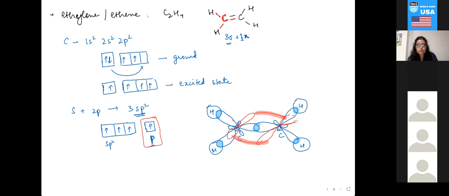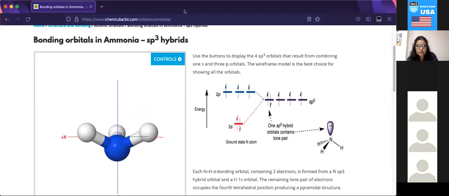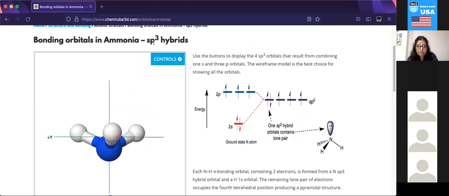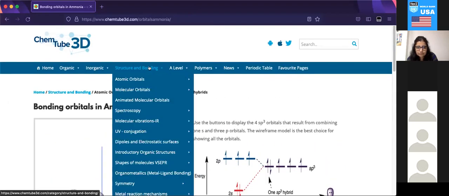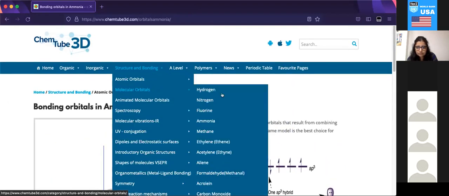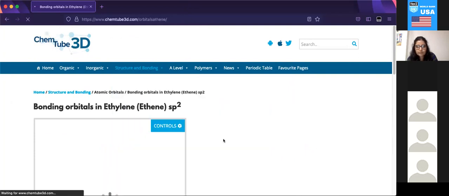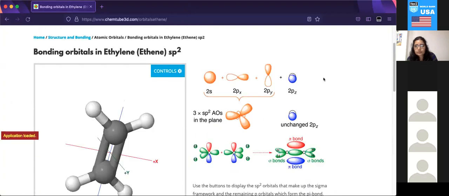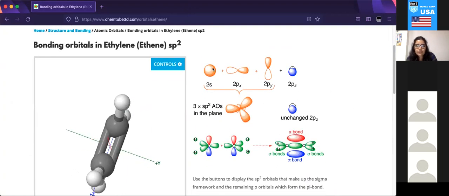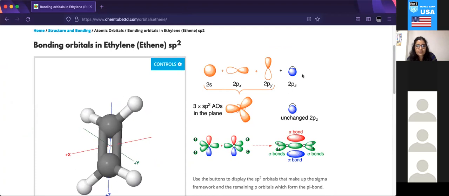There is a 3D thing I can show you guys here. Ethane. Oh, nicely given here. So you have 1s, then px, py, and pz.